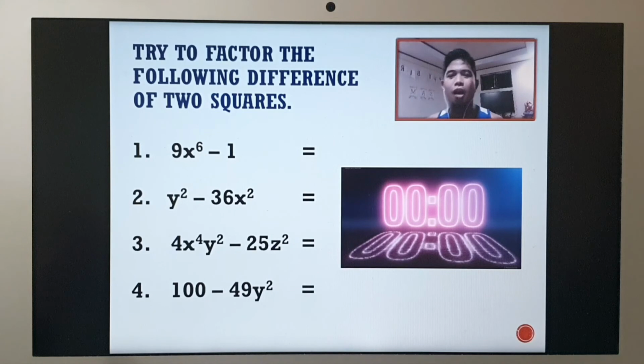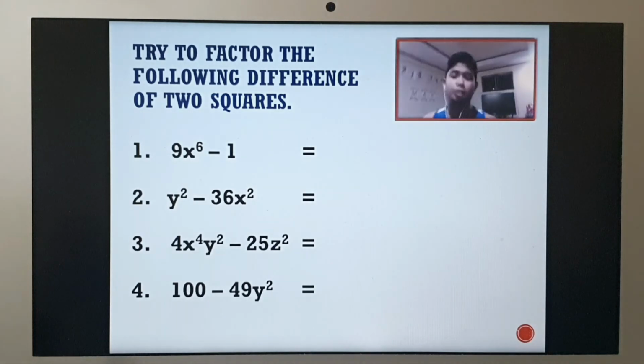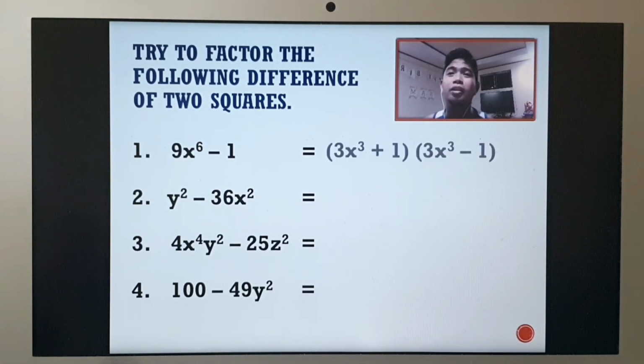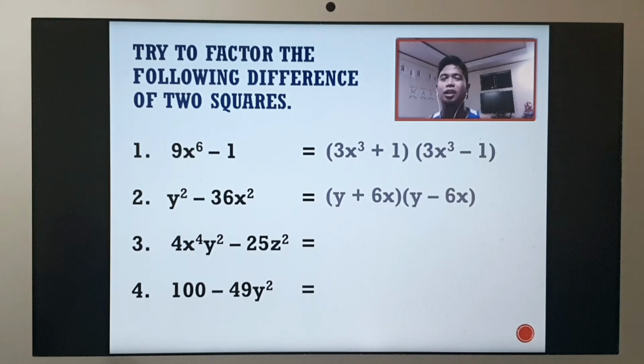And time's up. Now, we will check whether your answers are correct. Let's have number 1. If you answered 3x cubed plus 1 times 3x cubed minus 1, then you are correct. Number 2. If you answered y plus 6x times y minus 6x, then you are definitely correct.